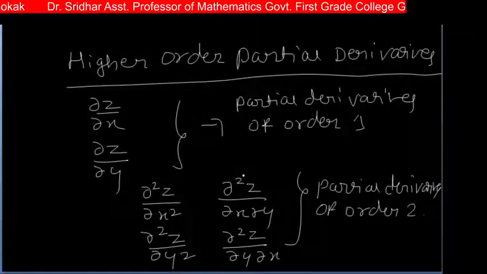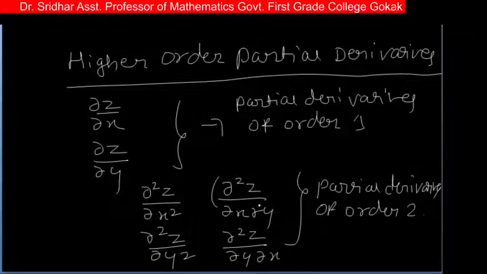Like that we obtain partial derivatives of order 3. So that is dou cube z by dou x cube, dou cube z by dou y cube. So if you take this one and differentiate it with respect to x, what do we obtain? Dou cube z by dou x square into dou y.